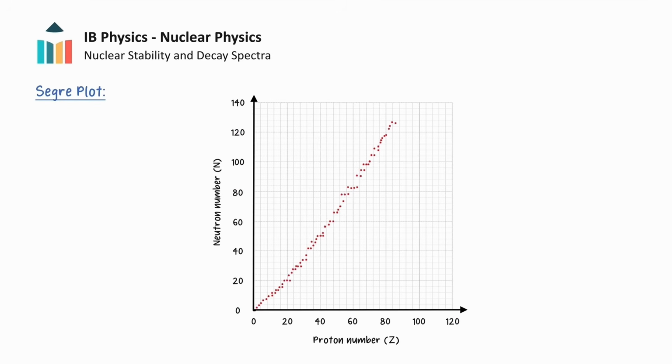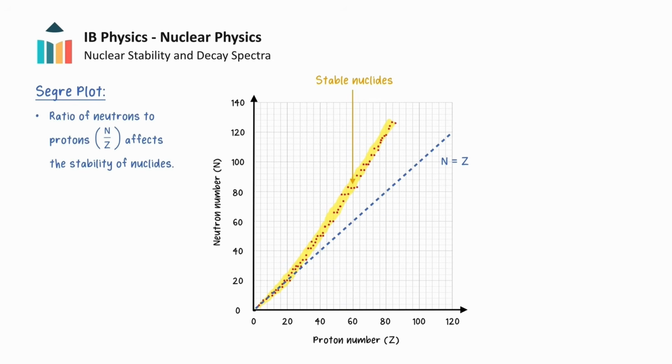After zooming out to the full version of the Segre plot, it shows a clear pattern where a zone of stability can be established. More importantly, if a line of neutron number equal to proton number is plotted, we see that a ratio of neutrons to protons in the nucleus gives a rough guide for the stability of nuclides.